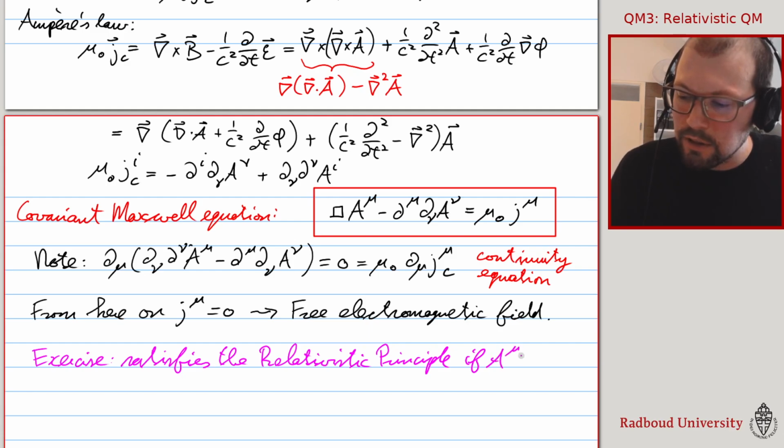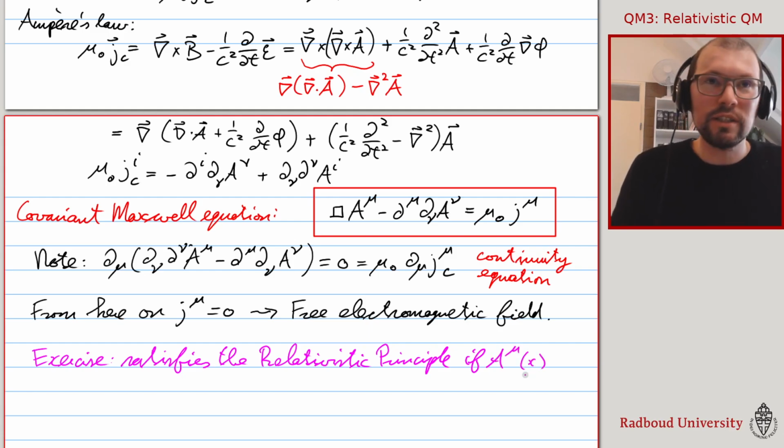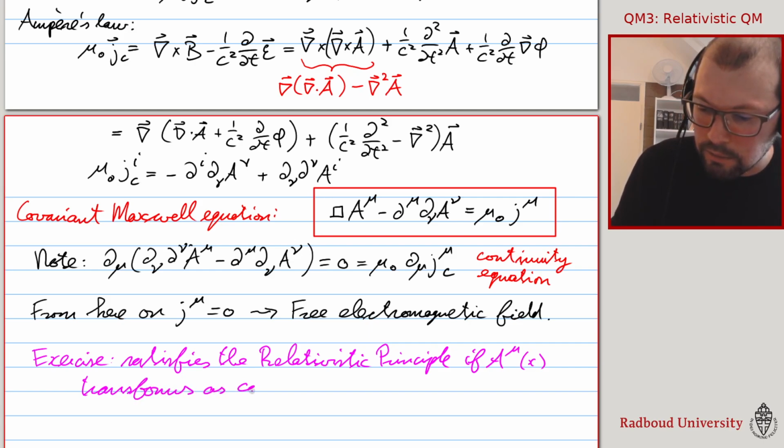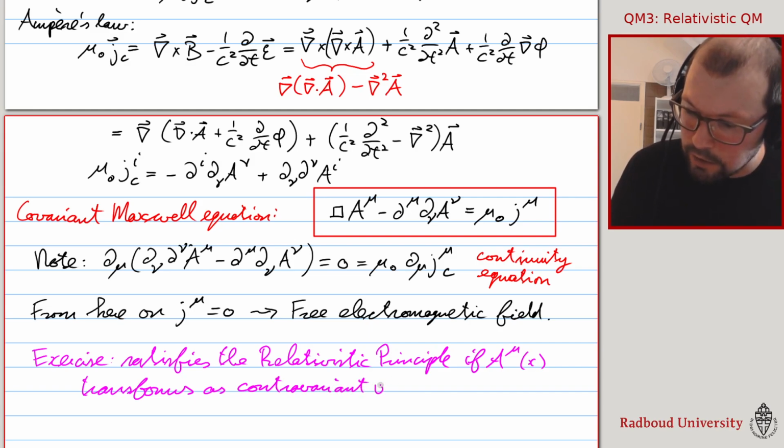But the placement of the indices already tells you how it should transform, as a contravariant vector field.